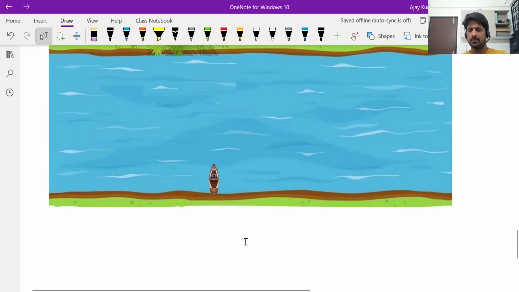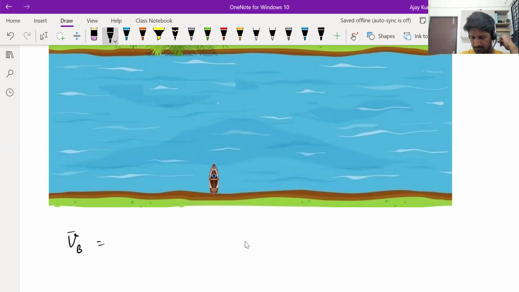Why? Because ultimately the velocity with which the boat moves is velocity of boat with respect to water plus the velocity of water. Now we know velocity of water is only in the x direction. Velocity of water doesn't have a y component. So the flow of the river cannot help the boat cross the river.